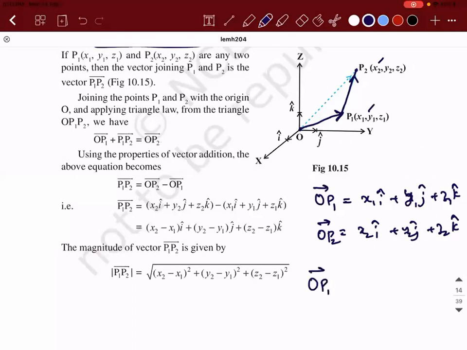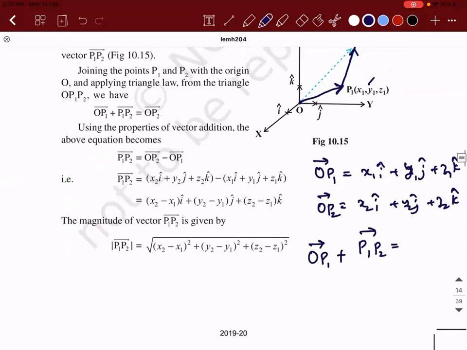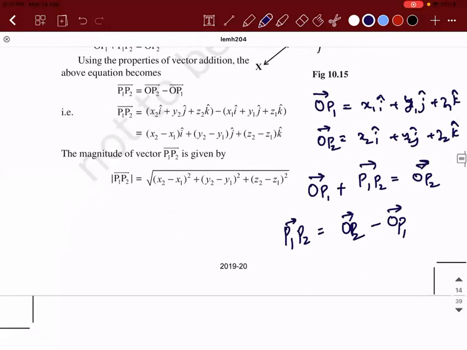OP1 vector plus P1P2 vector is the same as OP2 vector. What did we actually use? Triangle law of addition. So what is it we need to find? P1P2 vector. Can I write it as OP2 vector minus OP1 vector? So OP2 vector is the final vector minus OP1 vector, the initial vector.